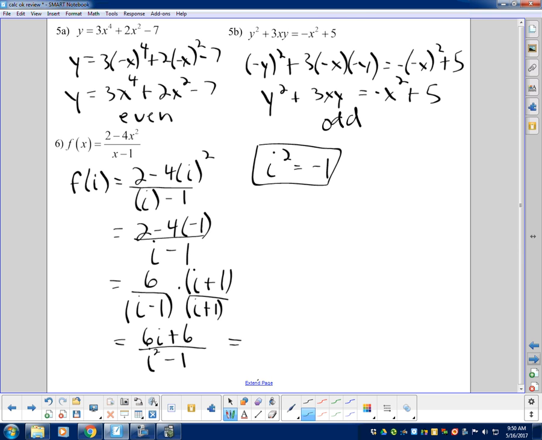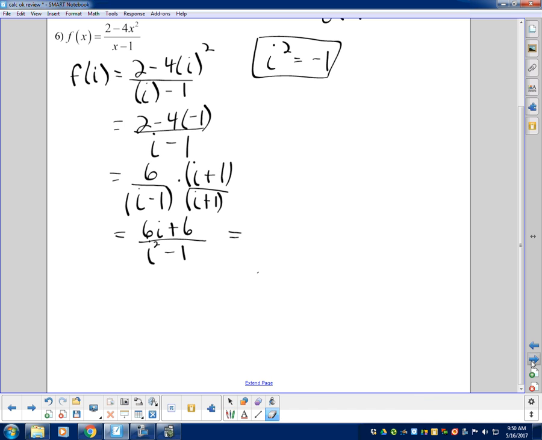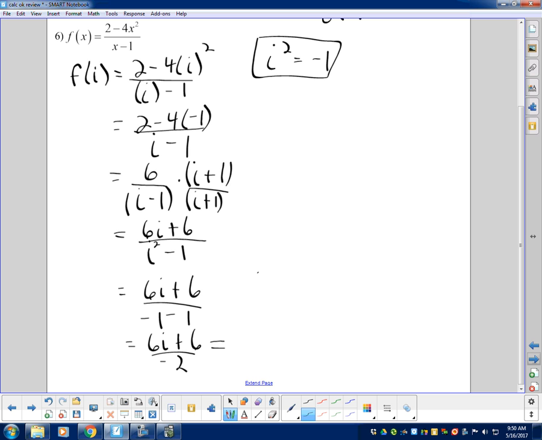The i squared minus 1 is going to equal negative 1 minus 1, which is negative 2. So I have 6i plus 6 over negative 2. That can be simplified by dividing negative 2 into each term to negative 3i minus 3. So that's my final answer. That's number 6. All right, number 7.